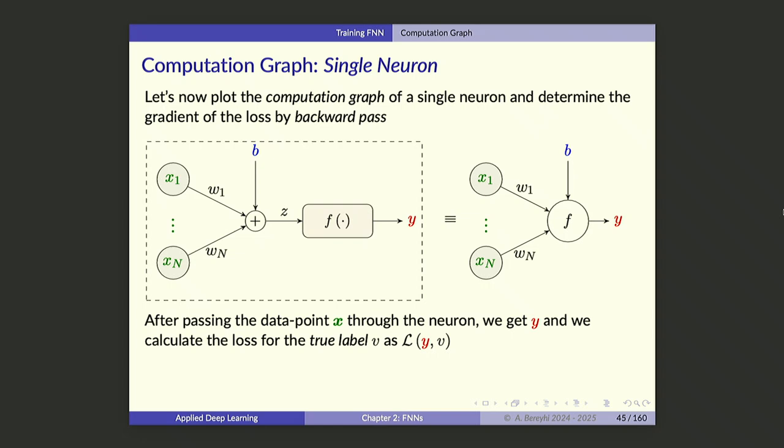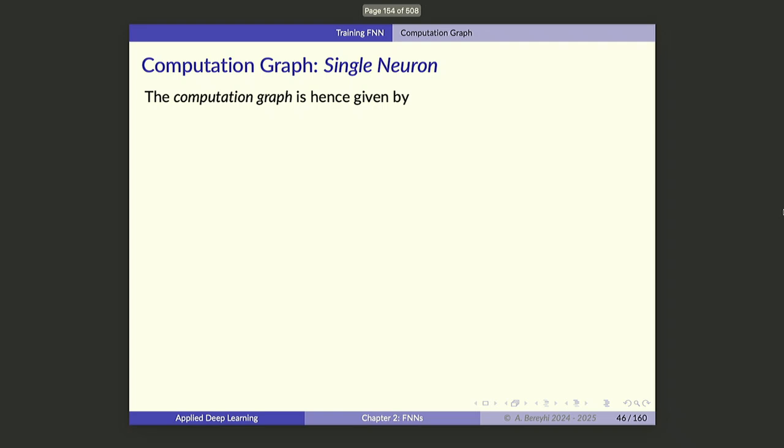You compute z, and once you compute z, you activate it. You compute y. And once you have y, you look at the true label v. You say (y minus v) squared is the loss, right? Correct? So the output is this particular loss that I want to compute for that set of weights and bias. And how do I compute it? Again, you get your bias and the weights, and then you compute z out of it, right?